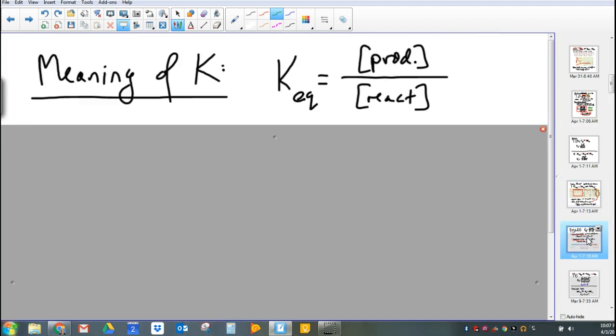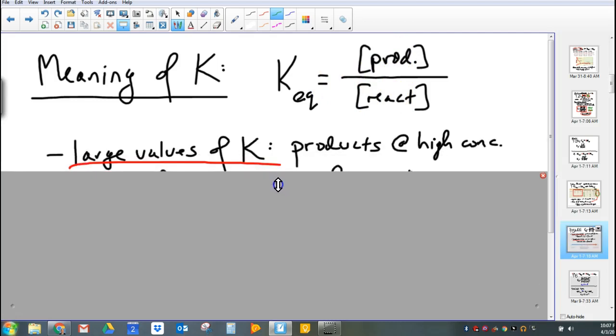All right, what's next? We're not going to do much more than calculating the value of K, the equilibrium constant. What does it mean? What is the meaning behind the number? Well, remember, it's just a ratio of products over reactants. So what if it's a really big number?